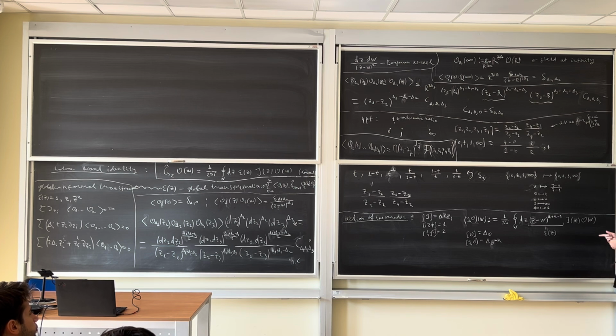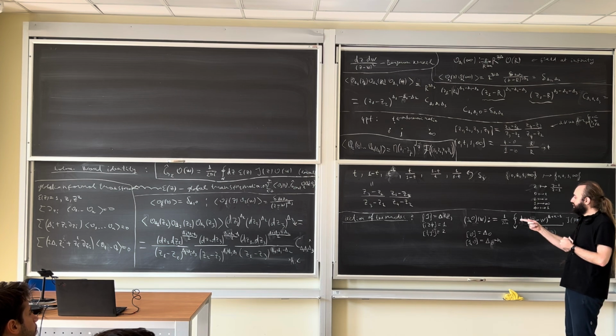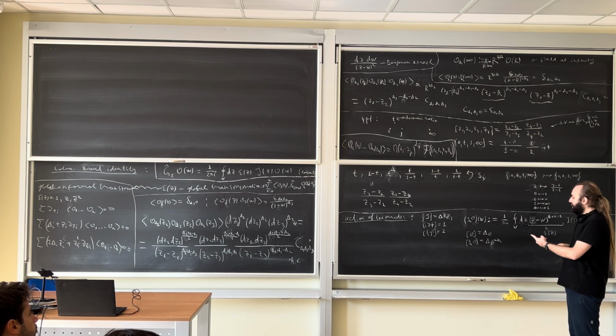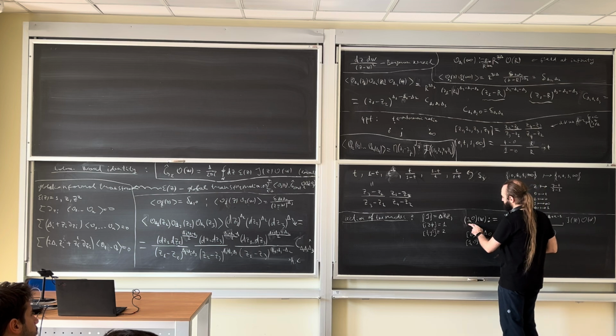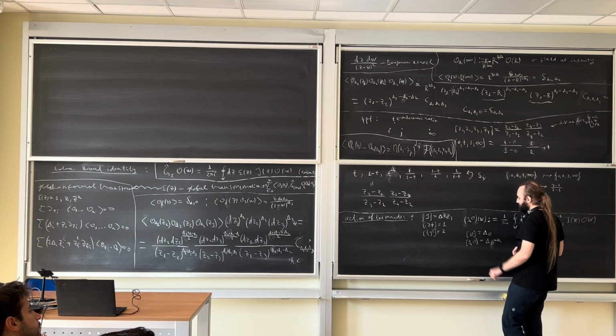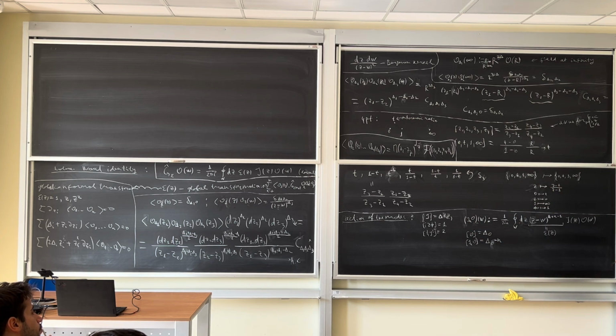But now we just define this abstract object, the action of J_n on O.